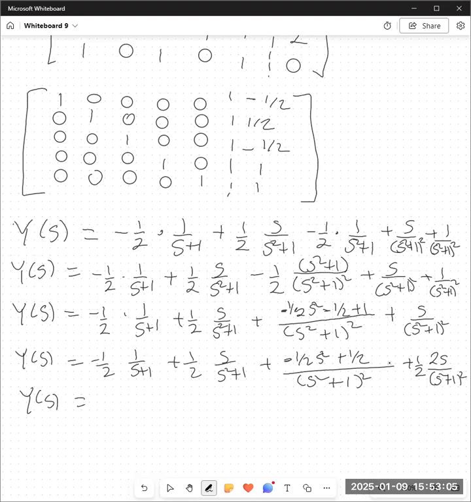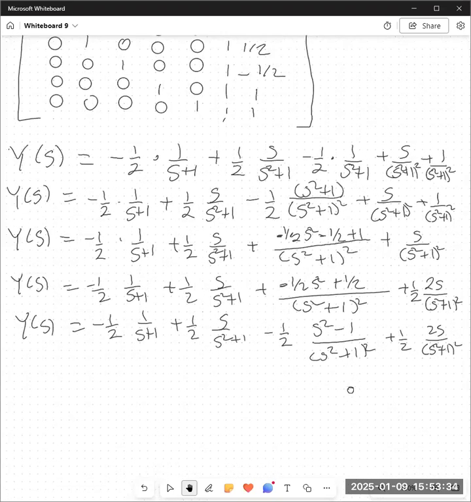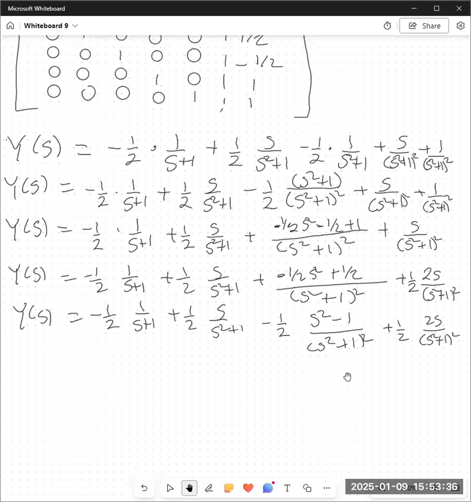Y of s is equal to a negative 1/2, 1 over s plus 1 plus 1/2 s over s squared plus 1 minus 1/2, and that leaves me with s squared minus 1 over s squared plus 1 squared plus 1/2 of 2s over s squared plus 1 squared. S squared minus k squared over s squared plus k squared squared.